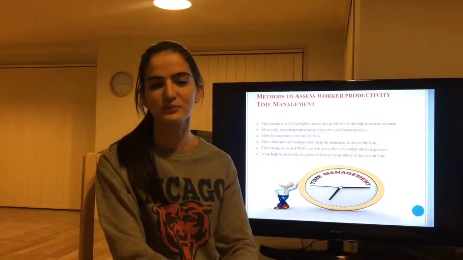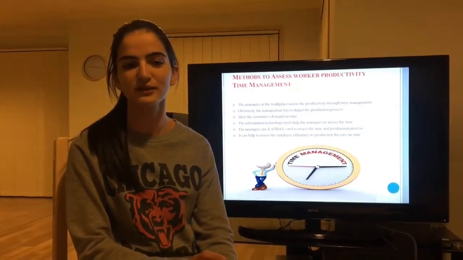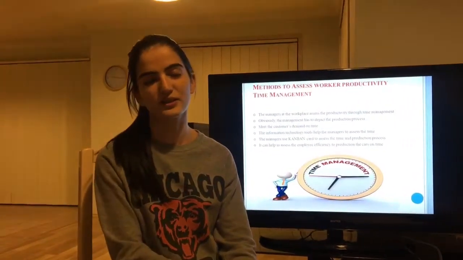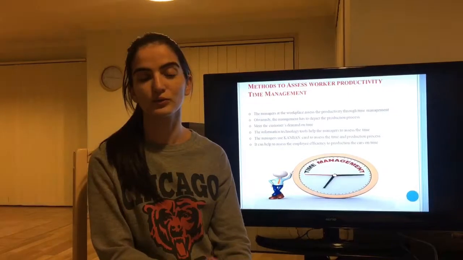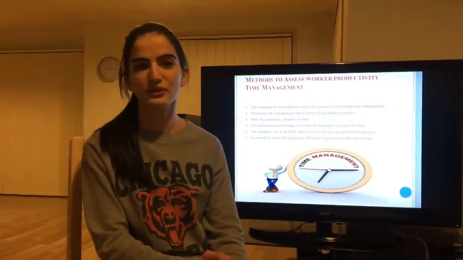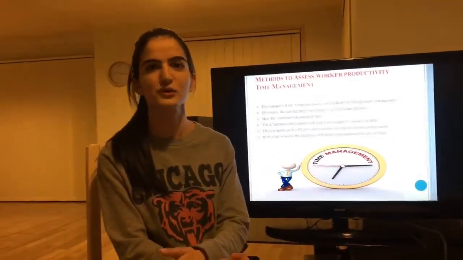Information technology helps to manage time according to productivity. As we know, Toyota managers use Kanban to trace their time and production process, so they can provide the cars to customers on time.